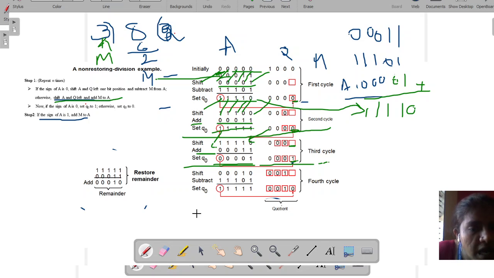Finally, the last step was what? Shifting. Shifting means this 1 comes here, this 0 comes here, and you have done. Sign of A is negative, so you have to subtract. What you have to do is take the 2's complement of M and then add. Here the new A is 1 0, and at the same time here it is 1 0.